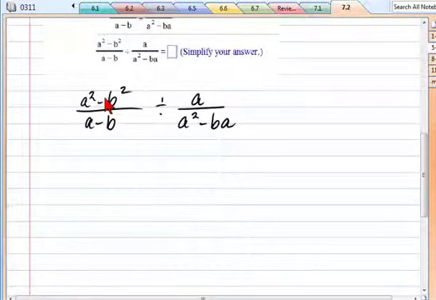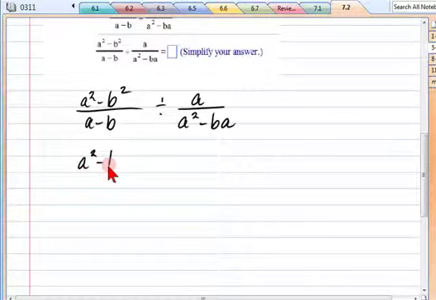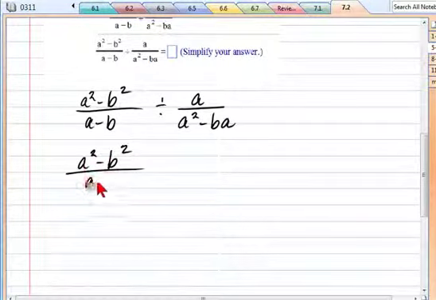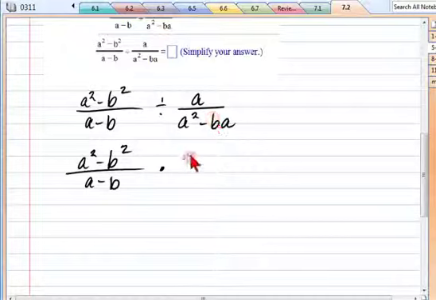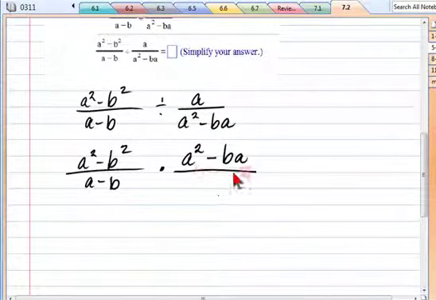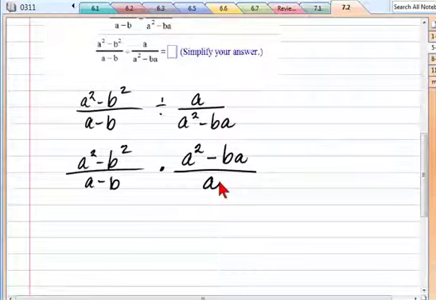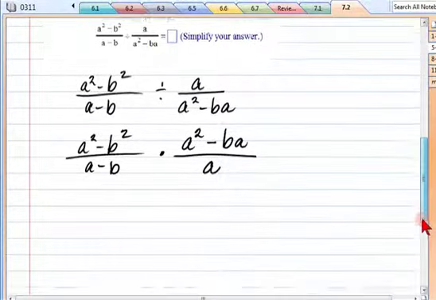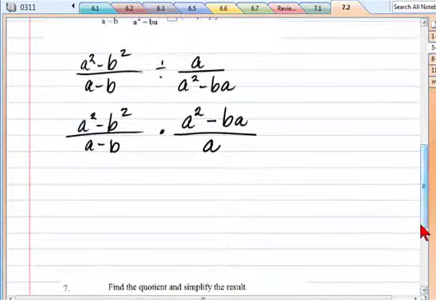All right, first thing I need to do is keep change flip. Keep the first one, a squared minus b squared over a minus b, change to multiplication. Invert the second fraction, a squared minus ba over a. Now what do I need to do?